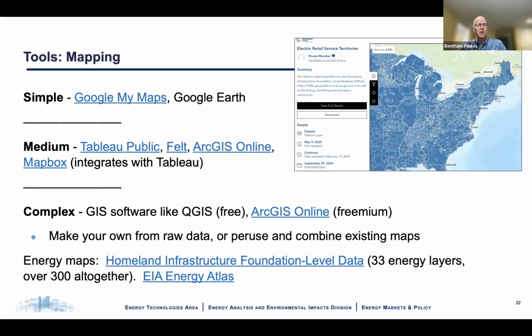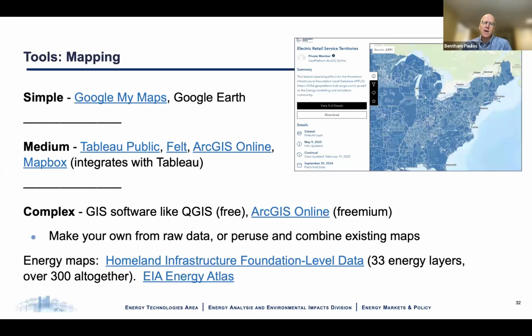But if you do, QGIS is the open source version. ArcGIS is, you can call it, a freemium version. There's a free version and then premium for more capabilities. With GIS, of course, you make your own maps using raw data, but you can also combine existing maps.